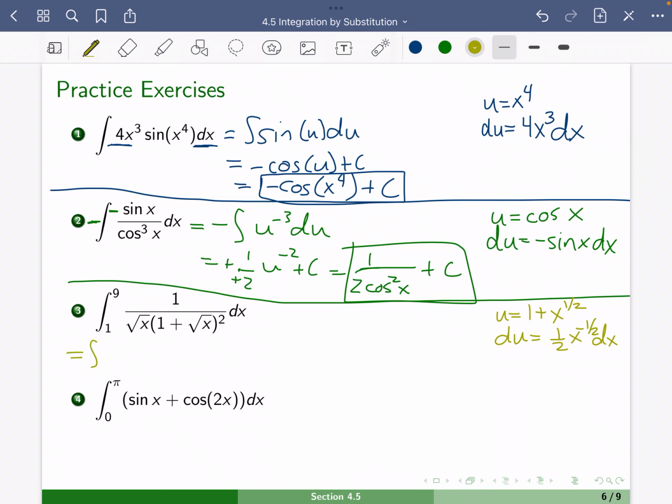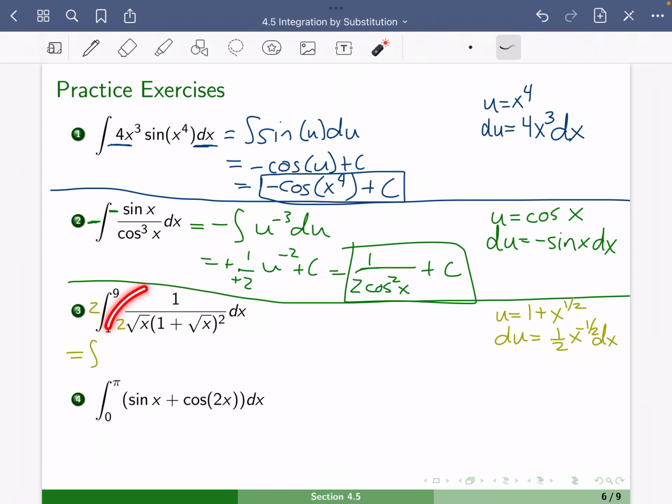And so this will become an integral of, so we need to pick up a 2 in that denominator, but if we toss a 2 in that denominator, so 1 over 2 square root of x, that's what this is. 1 over 2 square root of x dx. Right.